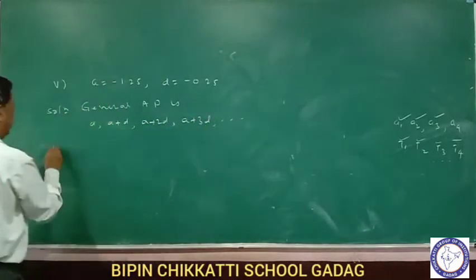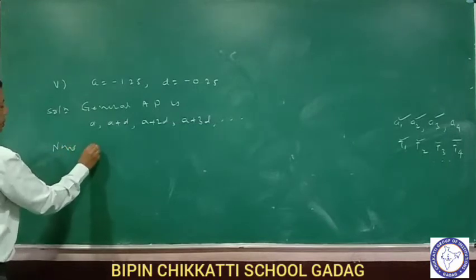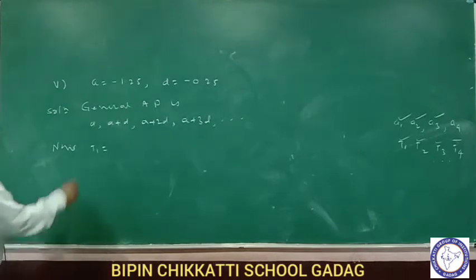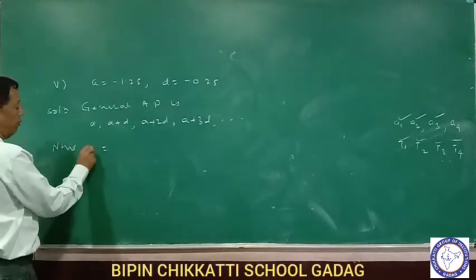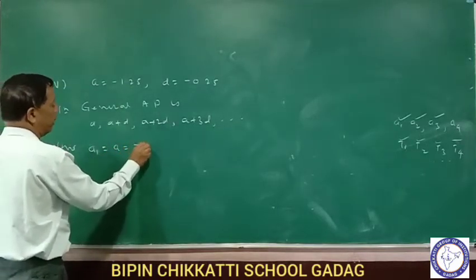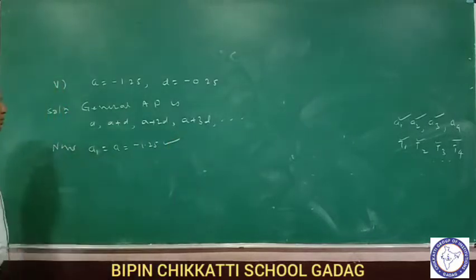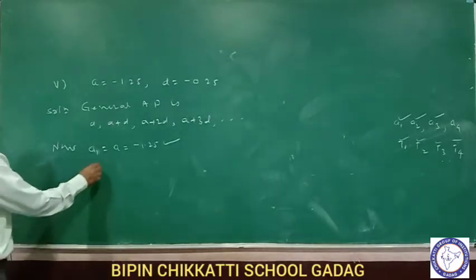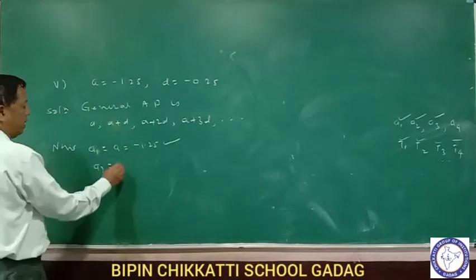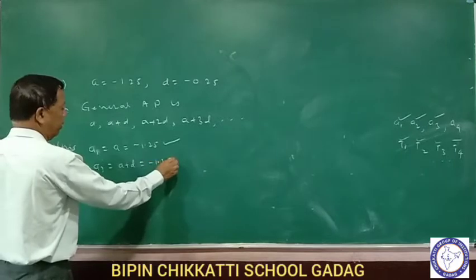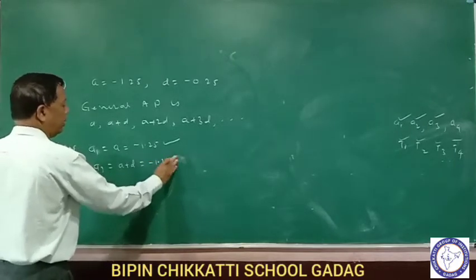Now try to understand the first term. Instead of T1, you may go for A1, A2, A3, A4. A1 is A, that is nothing but minus 1.25. The first term is minus 1.25, because we have to find out only 4 terms. The second term is A2, which is A plus D. A is minus 1.25 plus D, which is minus 0.25.